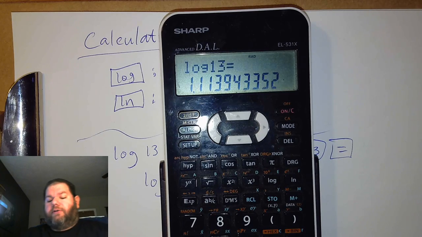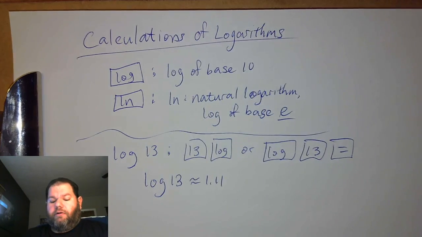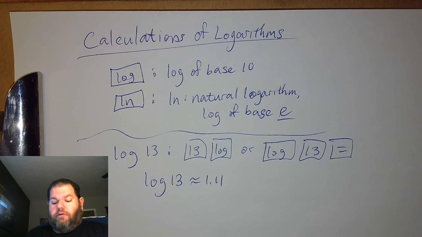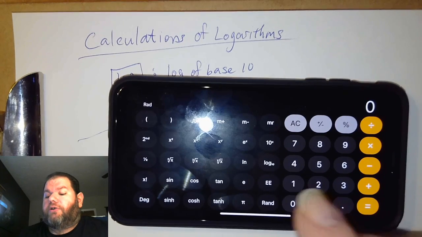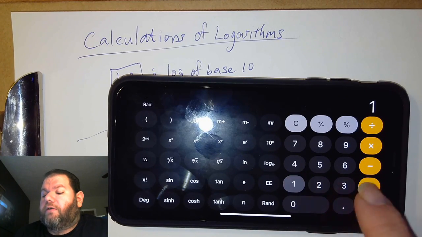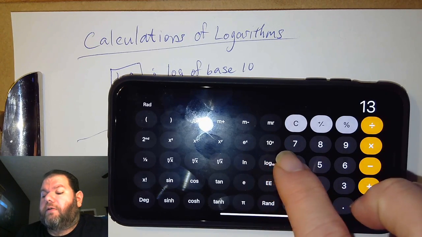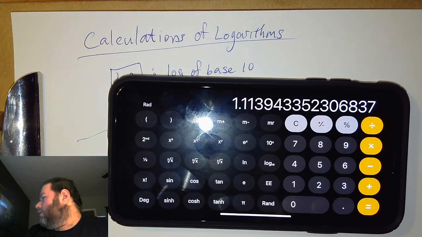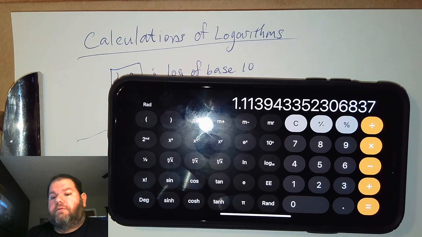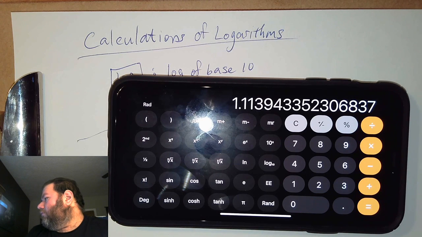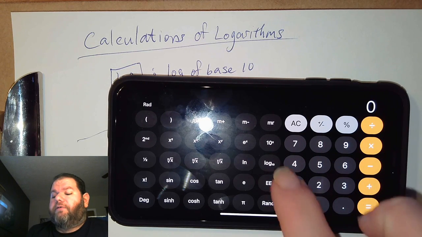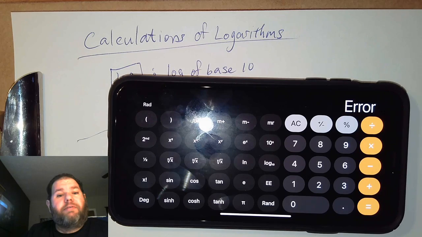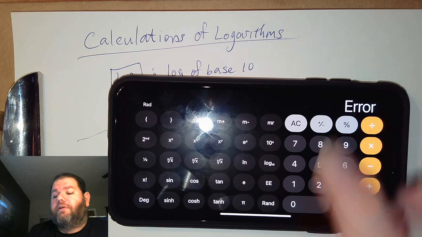Other calculators, such as the one on my phone, I'll actually enter the 13 first and then press log, and it'll give me the answer there. So it really depends on which way your calculator operates. If you just have a 0 there and you press log and it gives you an error, that means you should put the number in first.